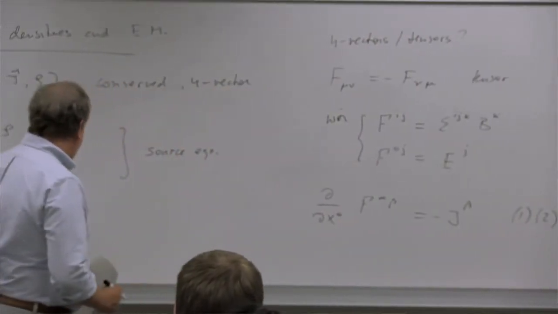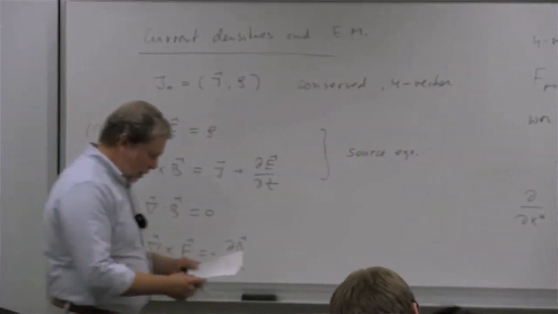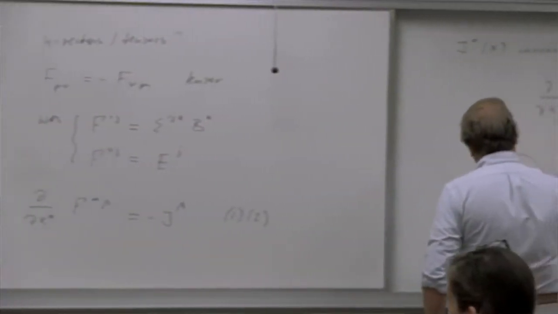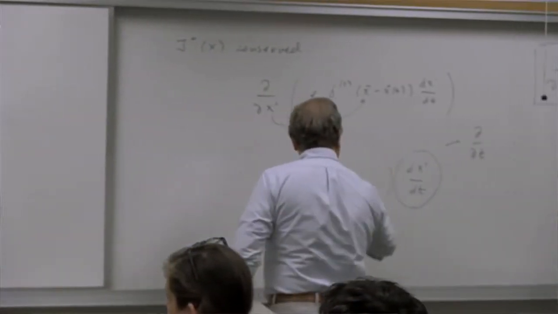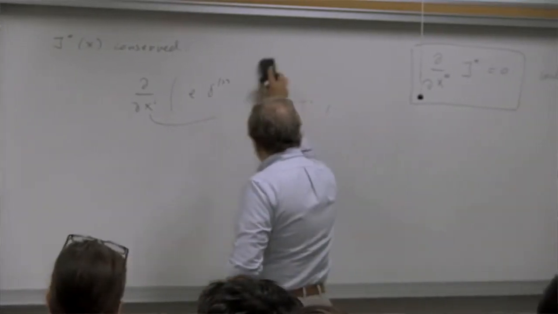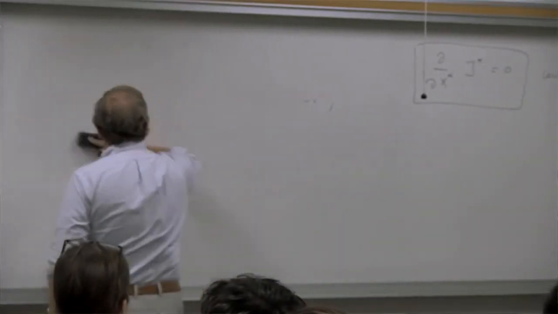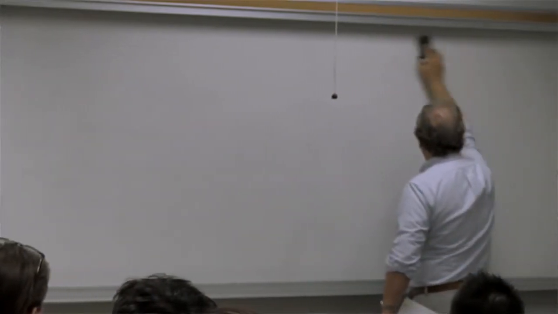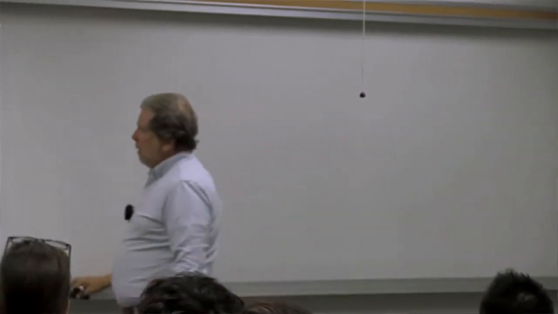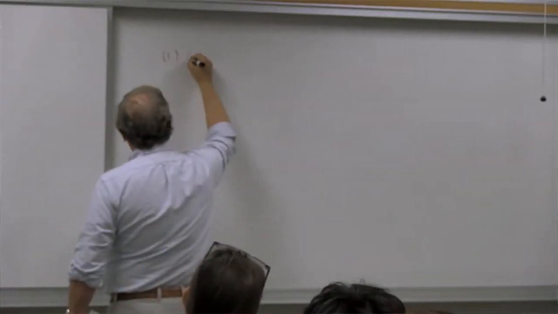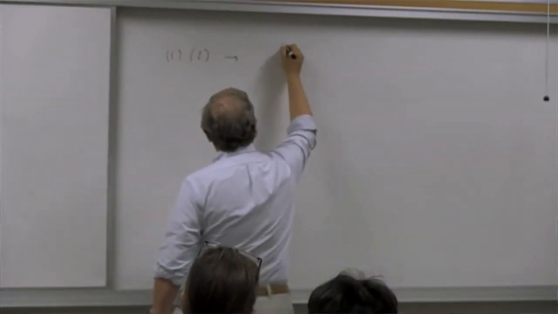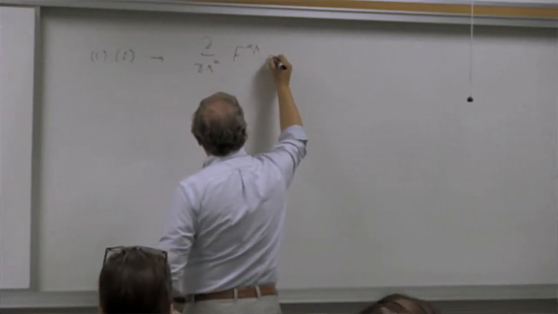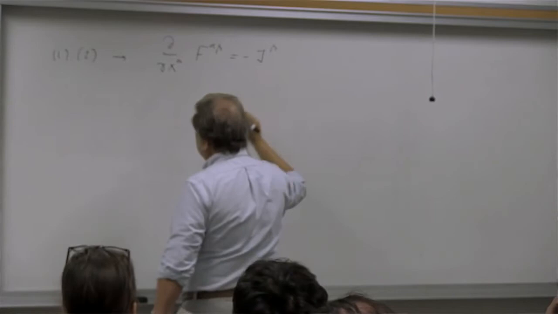So these are the source equations. And what about these other equations here? So let me write it out over on this side. 1 and 2 give d by dx alpha, F alpha beta is equal to minus j beta.